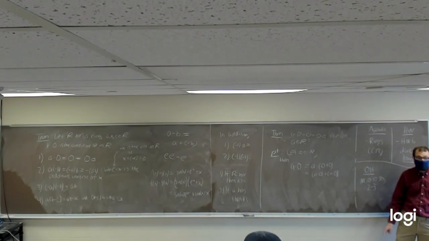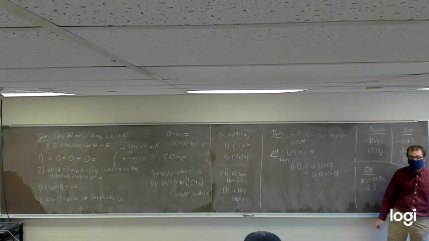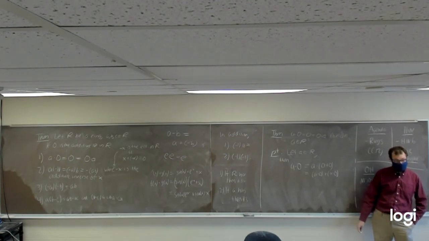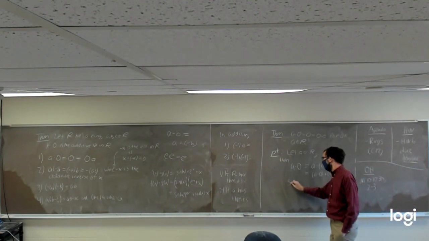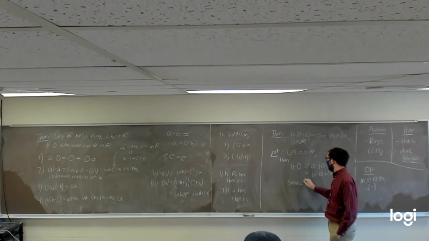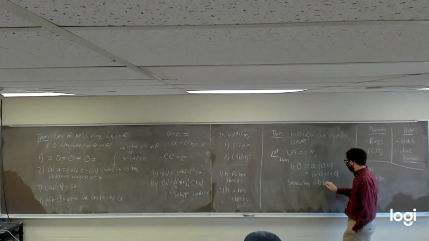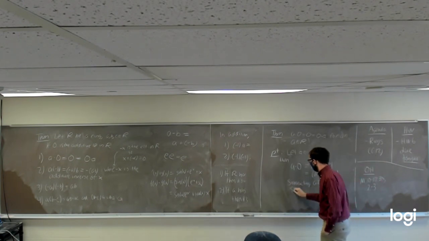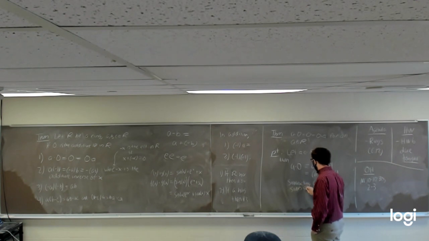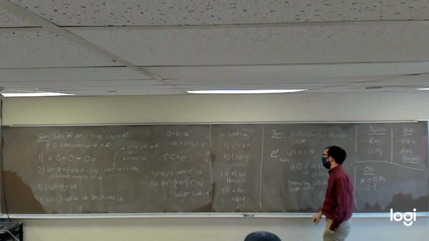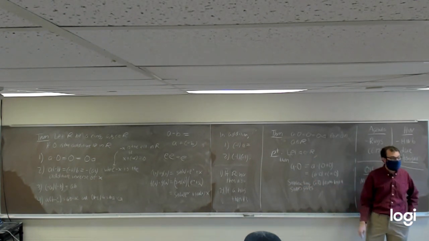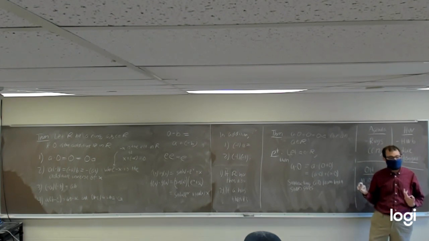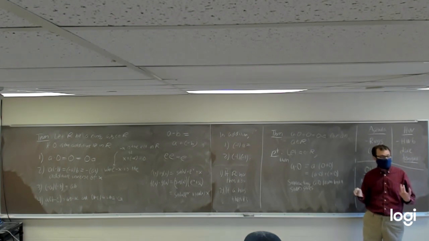So A times 0 is equal to A times 0 plus A times 0. Now we can just subtract A times 0 from both sides. On the left side, if we start with A times 0 and subtract away A times 0, what are we going to get?